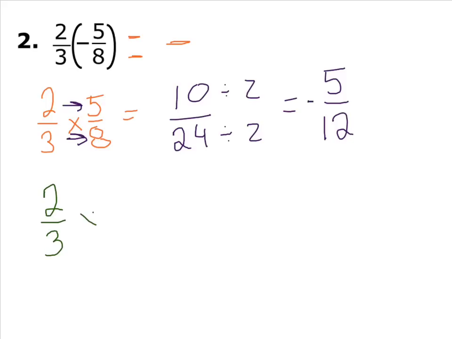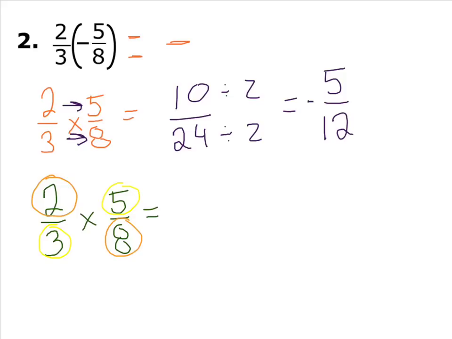So if we have 2/3 times 5/8, just like what we have up there, now if we look at the numbers that are across from each other, I mean on the tops and the bottoms, say 3 and 5, and let's say 2 and 8.